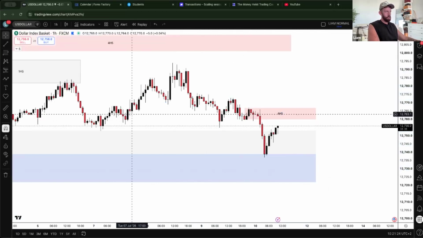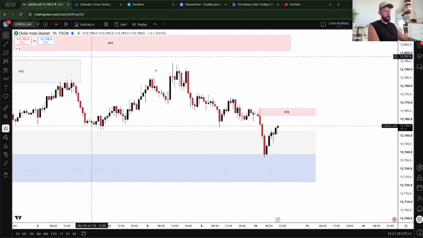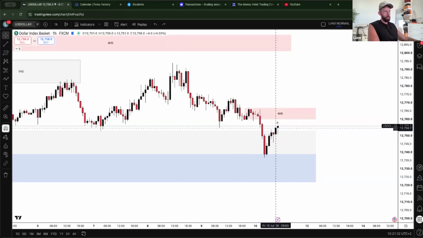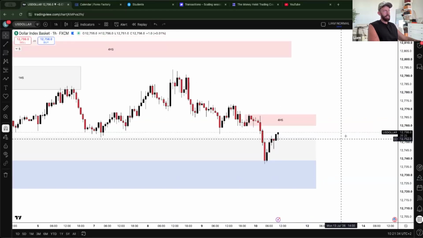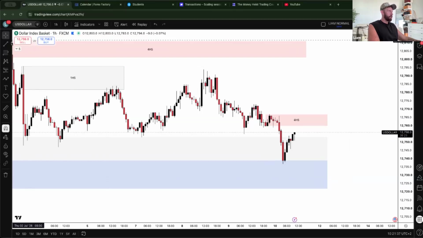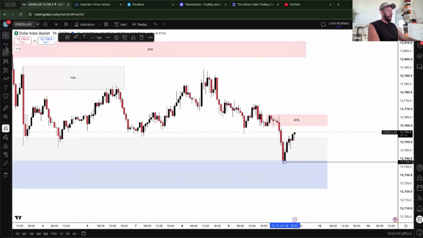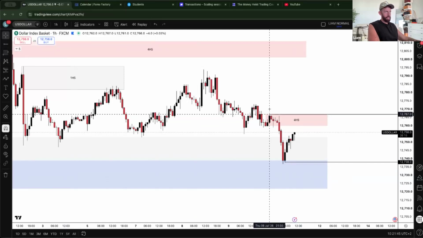Again, yes, if you want to, you can try to refine this as much as possible. That would be the 1 hour supply area where the imbalance started, or you can simply go off the 4 hour zone and wait for the reaction inside of there. That's totally up to you. But as you guys can clearly see, that is the structure that we are currently in at this moment in time.